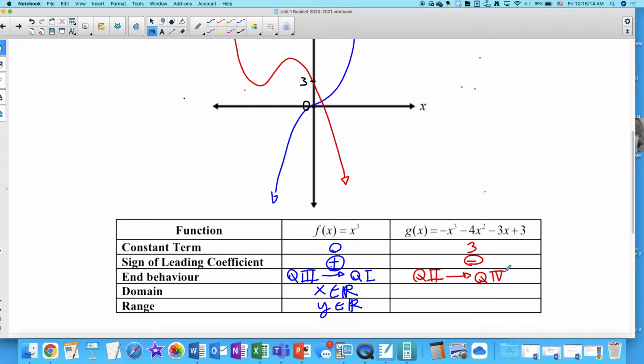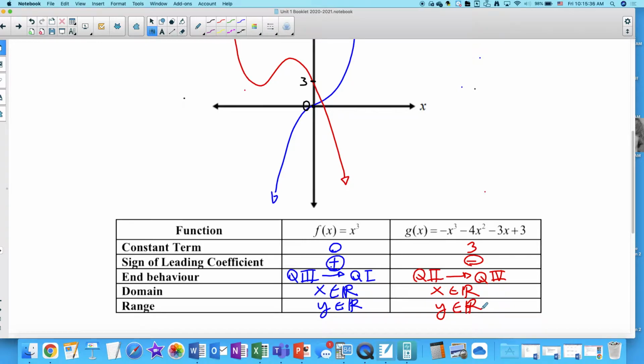Okay. Domain and range? Right. They can both be anything, because if I look at the horizontal directions of my arrows, they go left and right. And if I look at the vertical direction of my arrows, they go up and down.